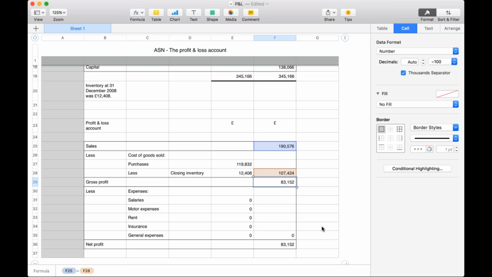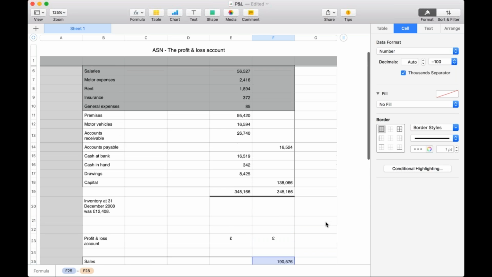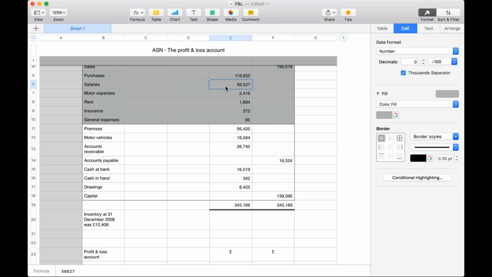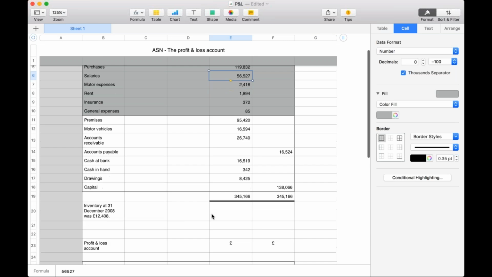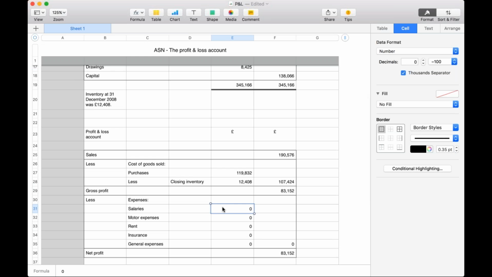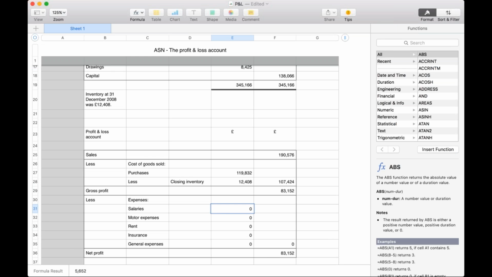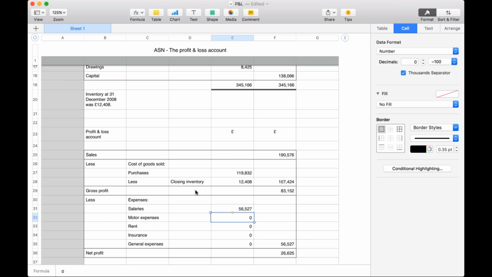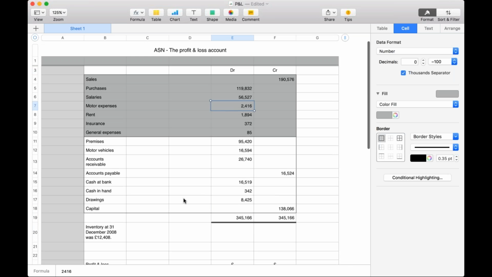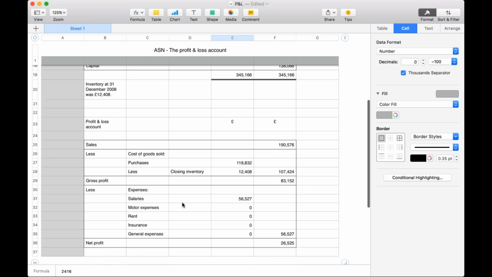So now we're going to get to a little bit of an easier part of the P&L, which is the overheads, the expenses. So salaries, let's go and have a look at salaries. We'll scroll back and salaries are there, 56,527. So we'll enter that there, 56,527. Okay. Motor expenses is next. So motor expenses is there, which is 2416.